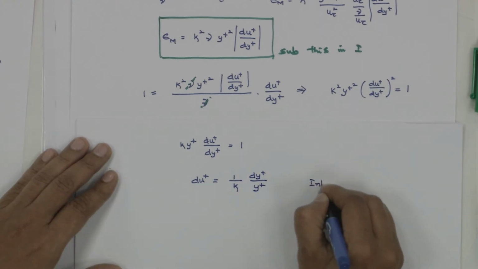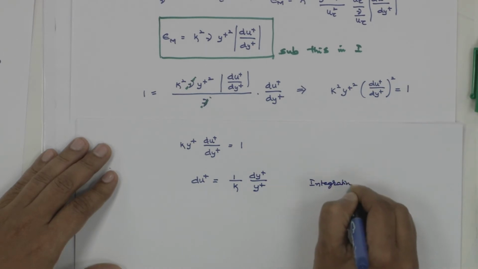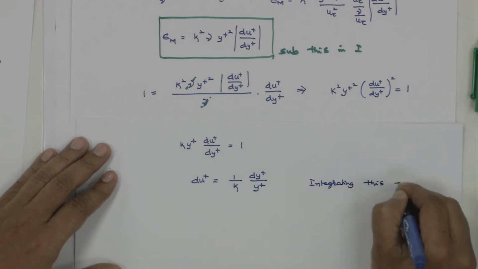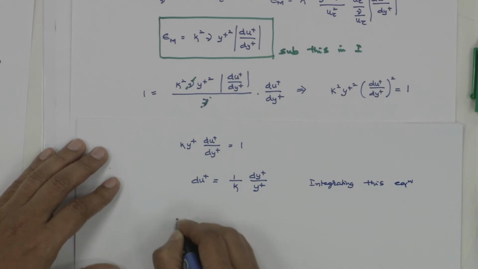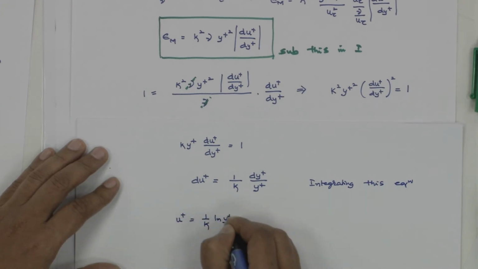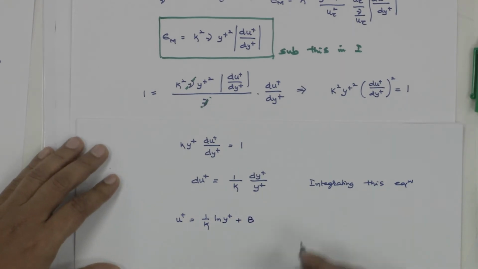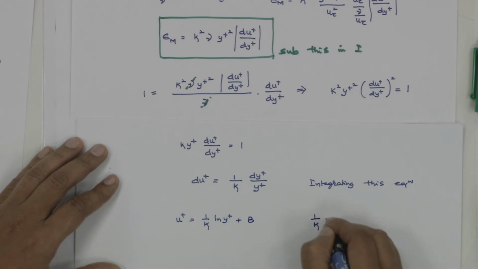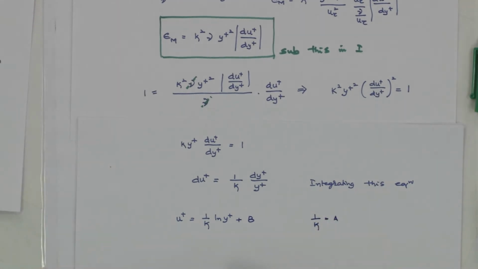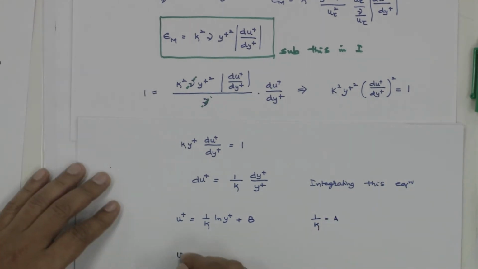Integrating this equation, I get u plus equal to 1 by kappa log of y plus plus b, and let me call this 1 by kappa as a. So, that is u plus equal to a log of y plus plus b.